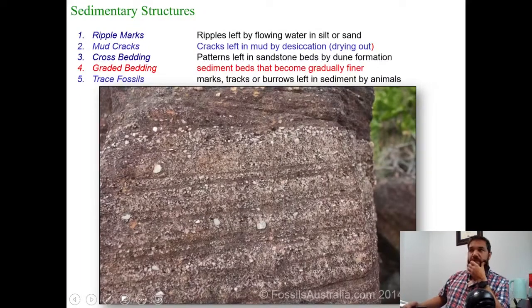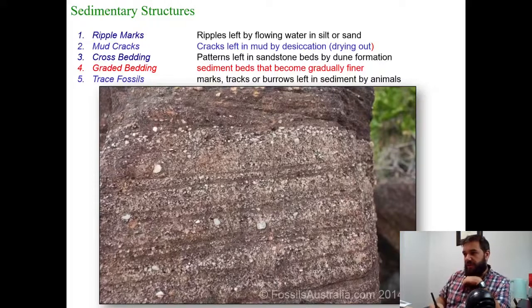All right, graded bedding. Graded bedding is when you see these varying, periodic layers in the beds, where you go from large size grains to progressively smaller ones.